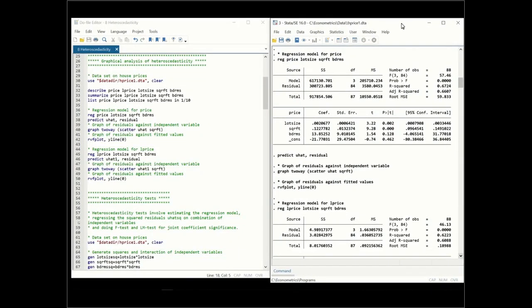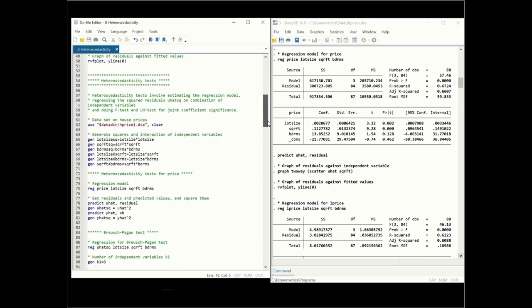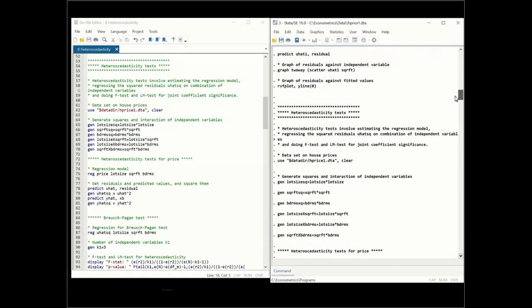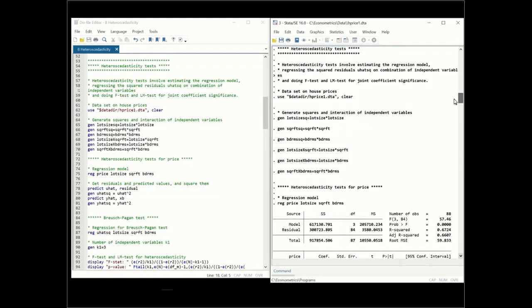Okay, so moving on, let's now do several heteroscedasticity tests, and I will show you these tests here. Heteroscedasticity tests involve estimating the original model, regressing the squared residuals U hat squared on a combination of independent variables, and then doing either an F-test or Lagrange multiplier test for joint coefficient significance.